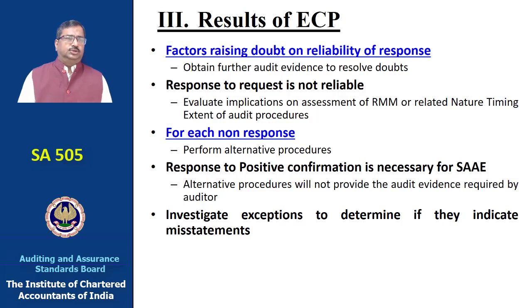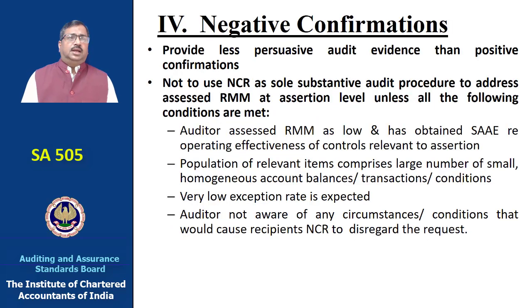For each non-response, the auditor has to perform the alternate audit procedure, and therefore the external confirmations, whether it is received or not received, if there are exceptions or no exceptions, that is the most valuable audit procedure in relation to the audit evidence. In case of response to positive confirmations, this becomes necessary for the purpose of sufficient adequate audit evidence.